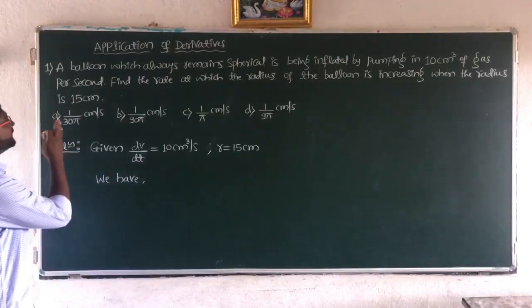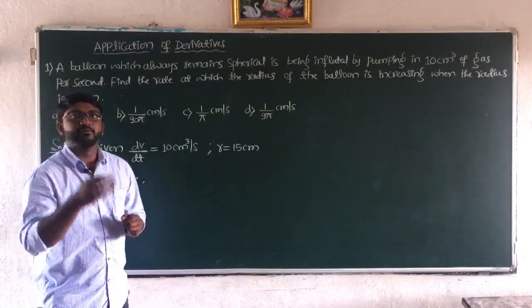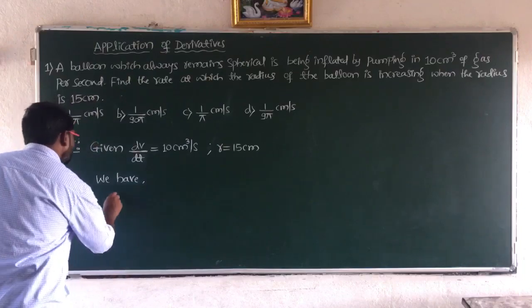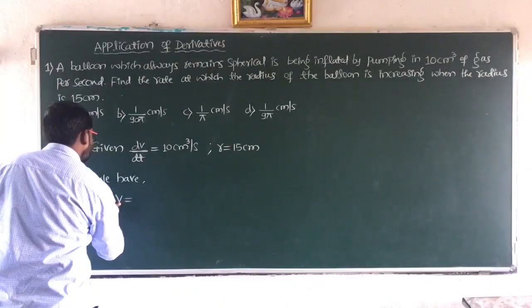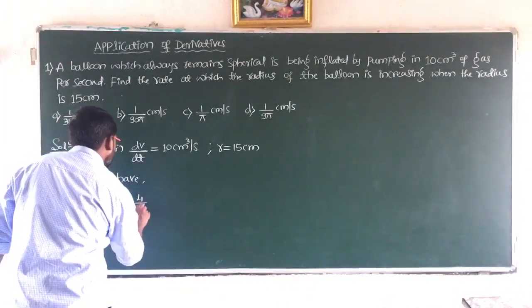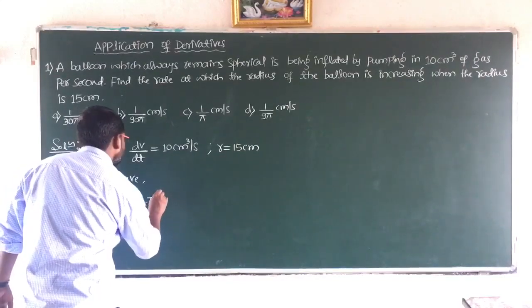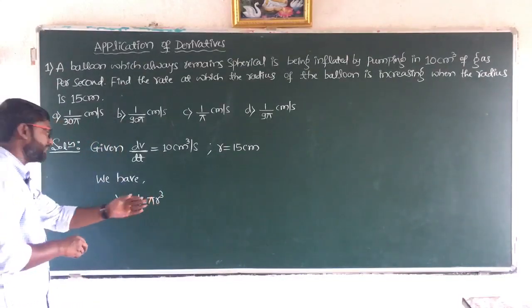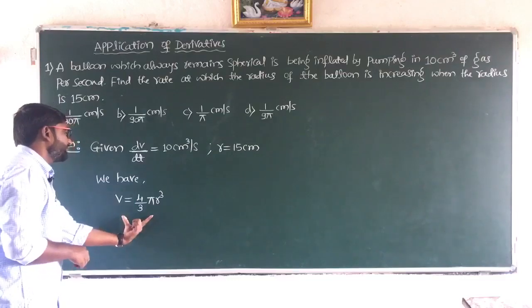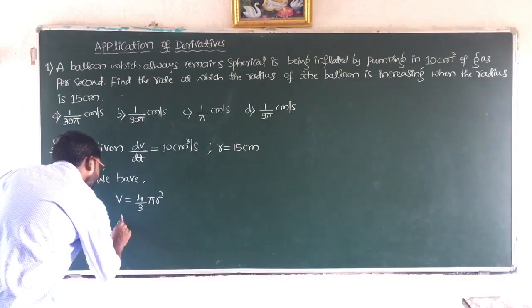Here the balloon is in the form of a sphere. What is the volume of a sphere? V equals 4 by 3 pi r cube. Now differentiate both the sides with respect to r.